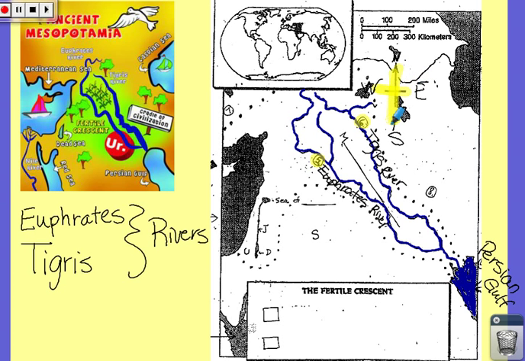Okay, now on your guided notes, it asks you what the intermediate directions were. North, south, east, and west, those are cardinal directions. Intermediate run this way.